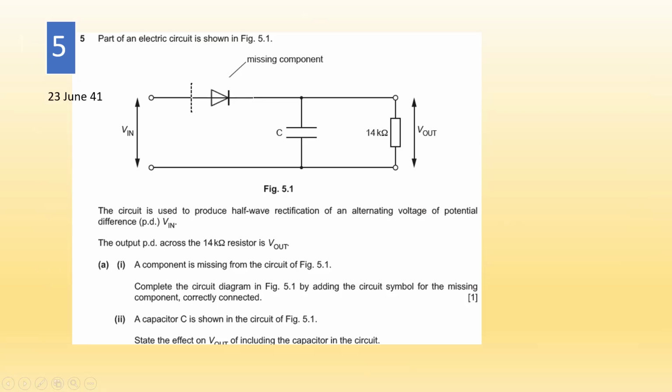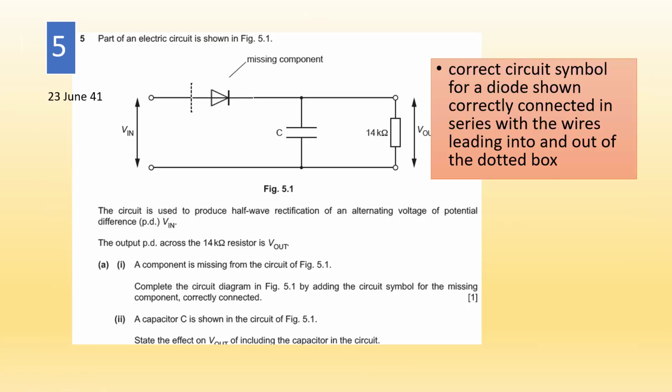Okay. We want the correct symbol for a diode lah. Yeah. So it doesn't matter whether in or out lah. Right? Whether the arrow is pointing to the left or to the right lah. Capacitor C is shown in the circuit of figure 5.1.